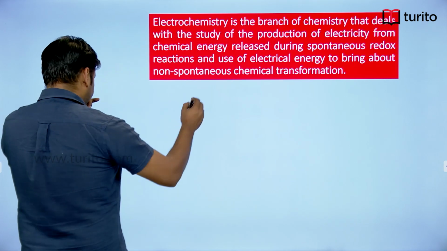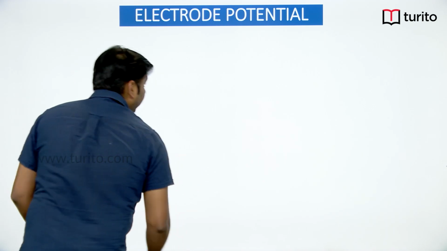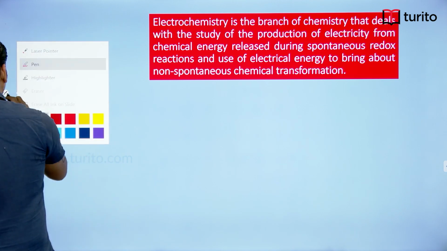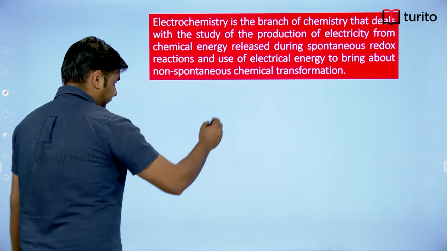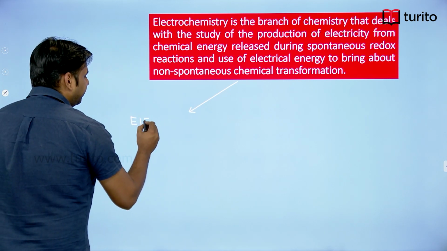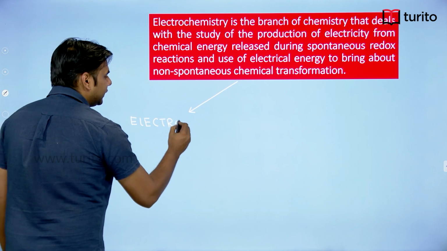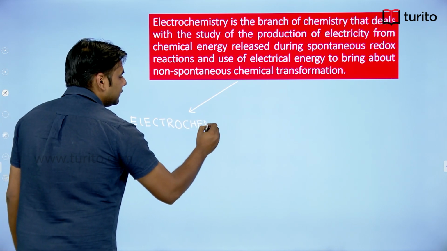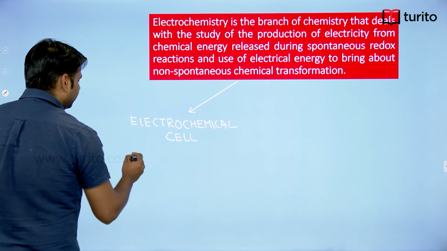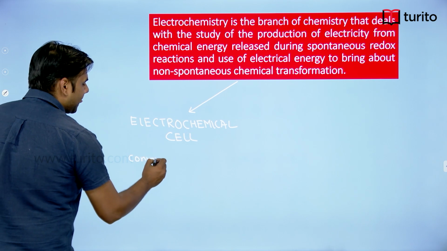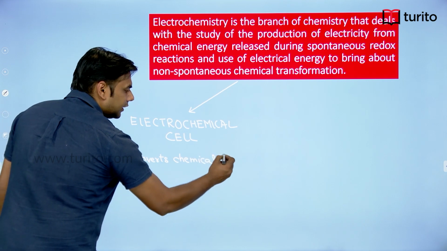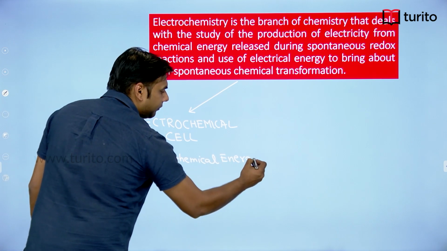So we are talking about an electrochemical cell. This cell converts chemical energy into electrical energy.